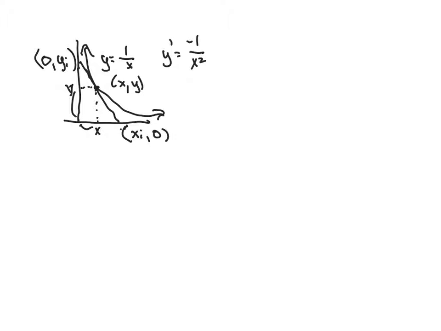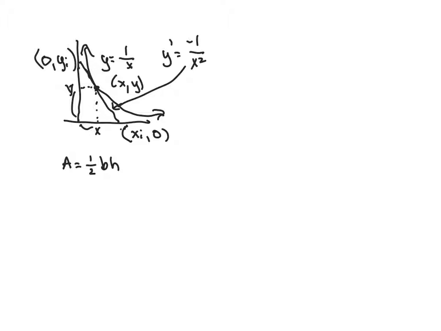So that's the slope of this line here, depending on where my x and y values are. And unfortunately, that's not enough information for us to calculate the area of that triangle, 1/2 base times height. I'm going to need more information than that.